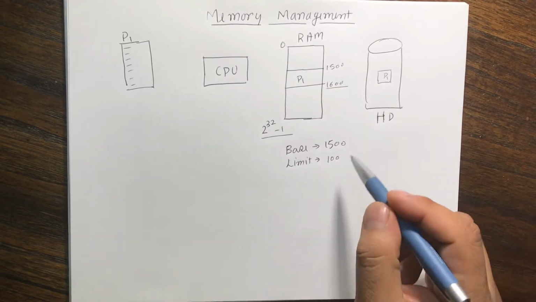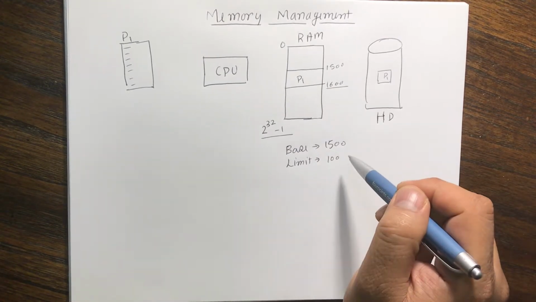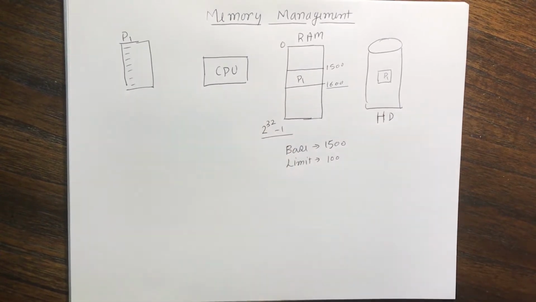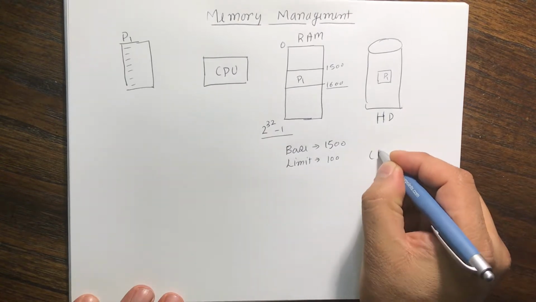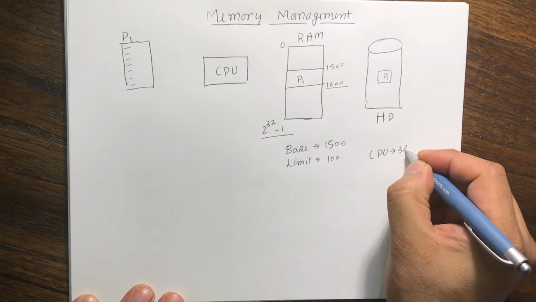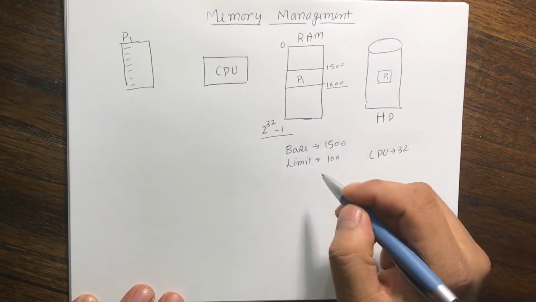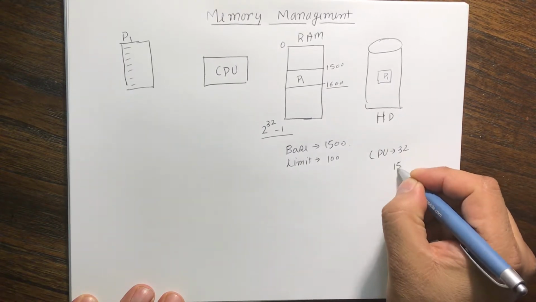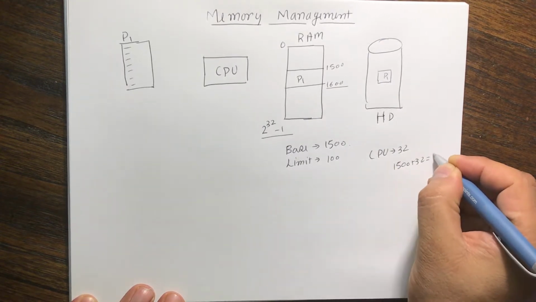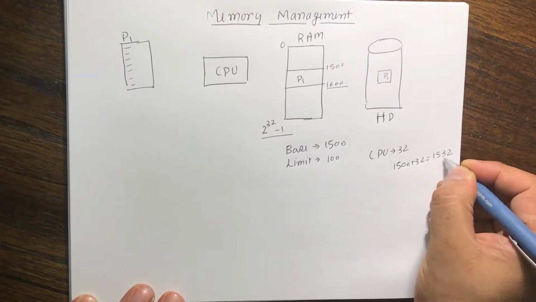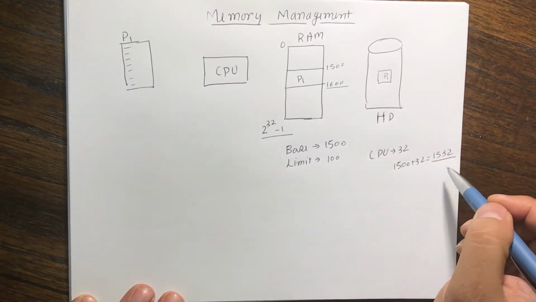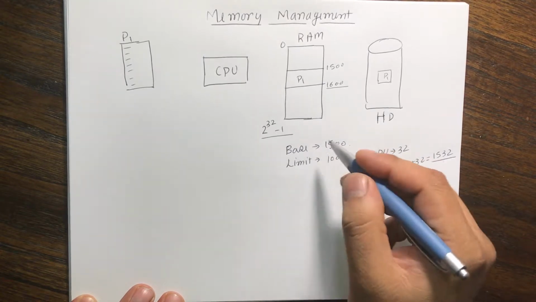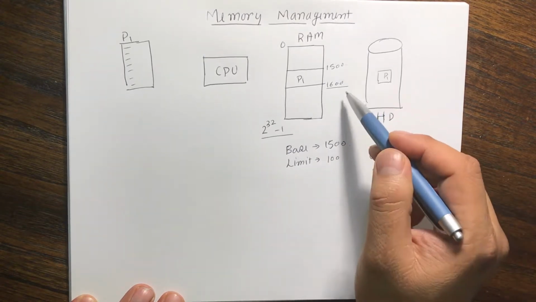If I want to run P1, the CPU will say, give me the instruction for P1 at line number 32. The operating system will figure out the base address, which is 1500, so it adds 1500 plus 32 and gets 1532. It first checks whether 1532 is within 1500 and 1600.